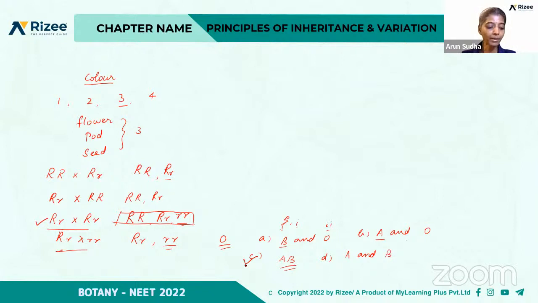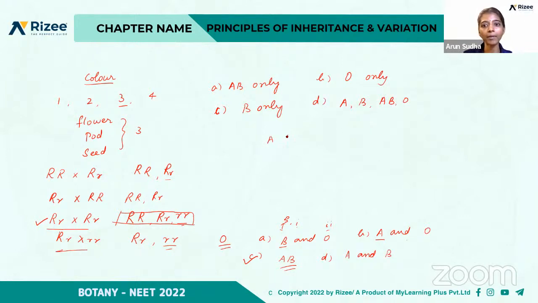And if one parent has blood group A and the other parent has blood group B, the offspring have which blood group? The options are: A, AB only; B, O only; C, B only; and D, A, B, and O. So the parent blood groups are A and B. So which is the right one?